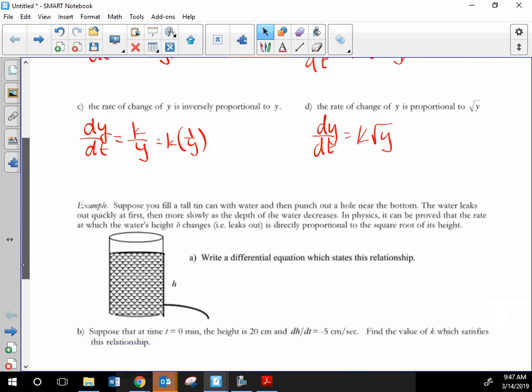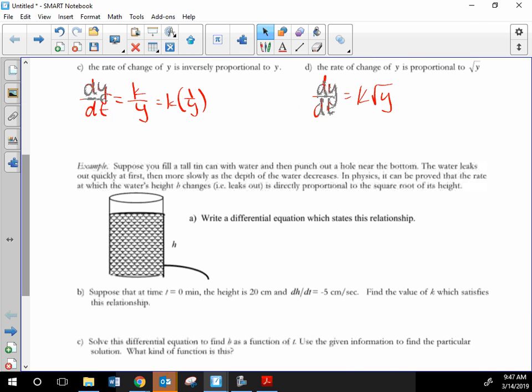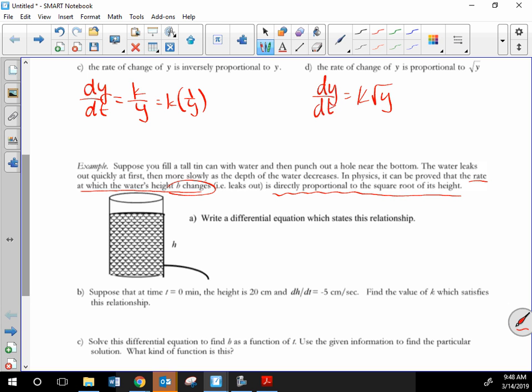So for example here, our example says the rate at which the water's height, this is h, changes is directly proportional to the square root of its height. When we go to write our equation, the rate of change of the height, dh/dt, is proportional to the square root, so we would write k times the square root of h.